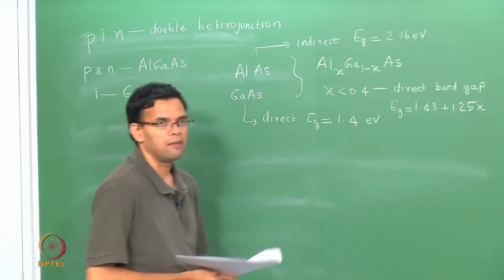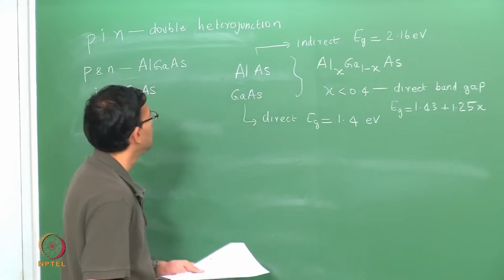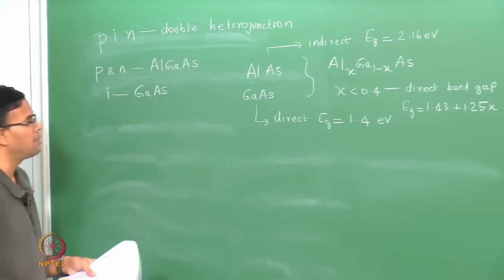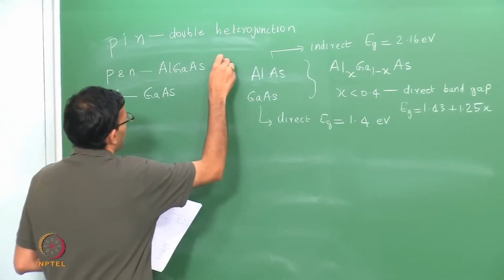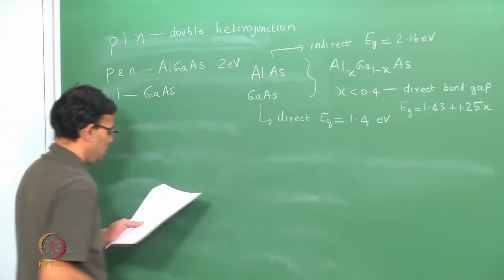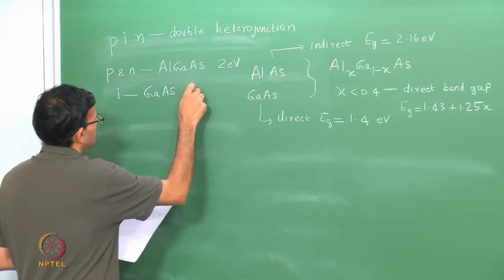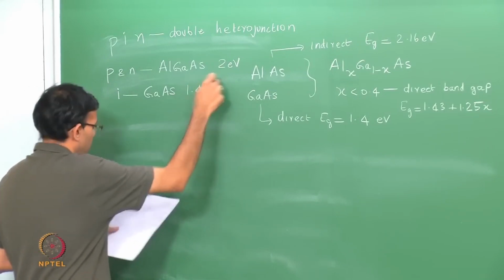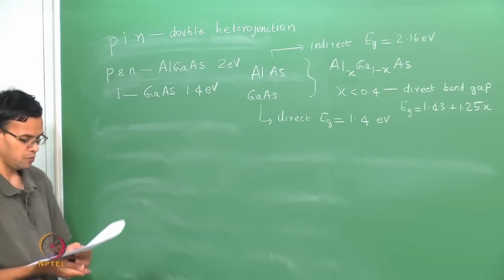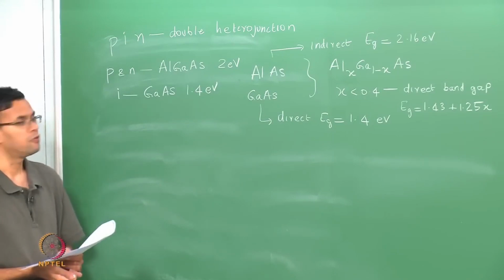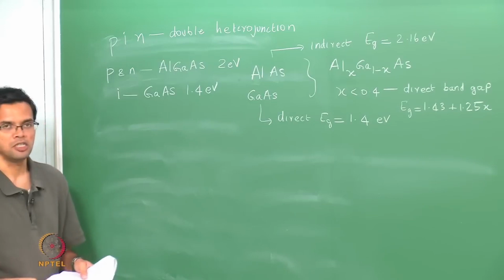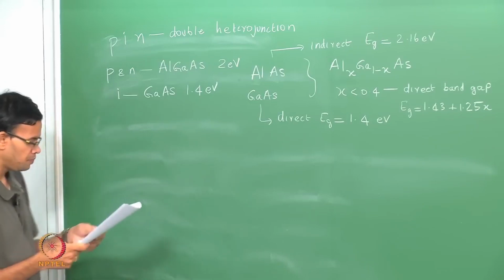So, this is just an empirical relation. So, we start with aluminum gallium arsenide of band gap 2 electron volts. We have gallium arsenide band gap 1.4 electron volts. So, we are going to form a double heterojunction with these two materials.